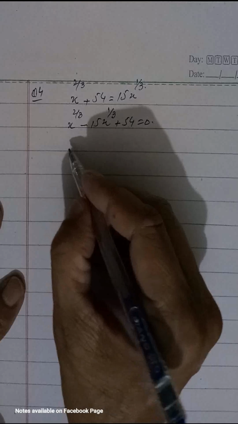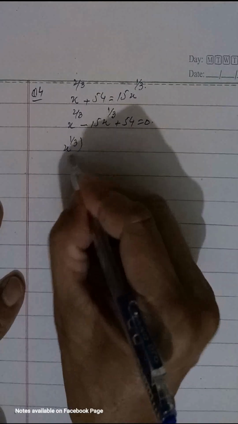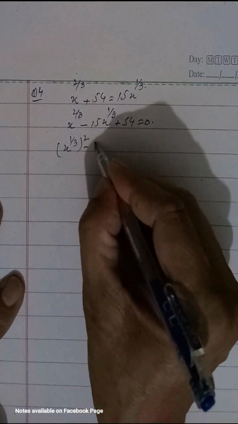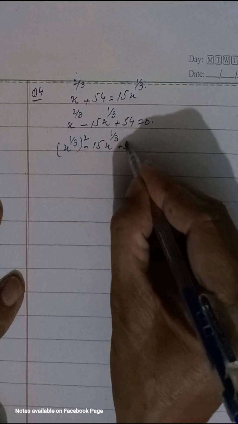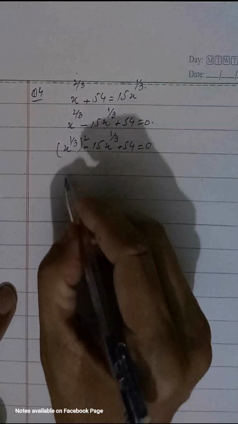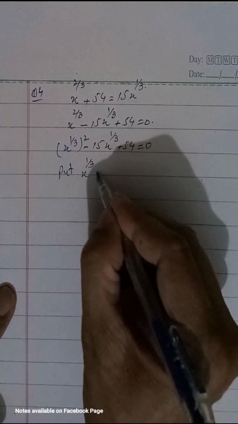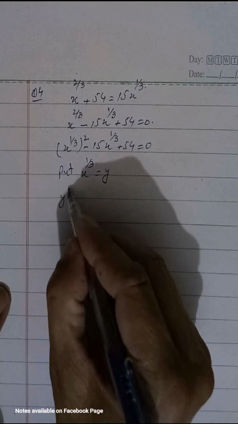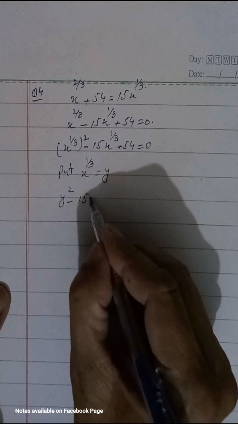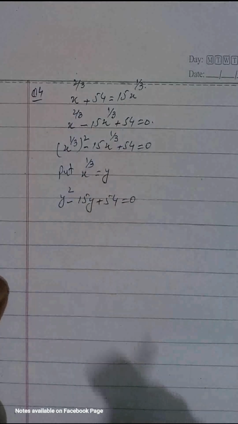Here we adjust values, x power 1 over 3 whole square minus 15 x power 1 over 3 plus 54 is equal to 0. Now we put x power 1 over 3 is equal to y. We get y square minus 15y plus 54 is equal to 0.